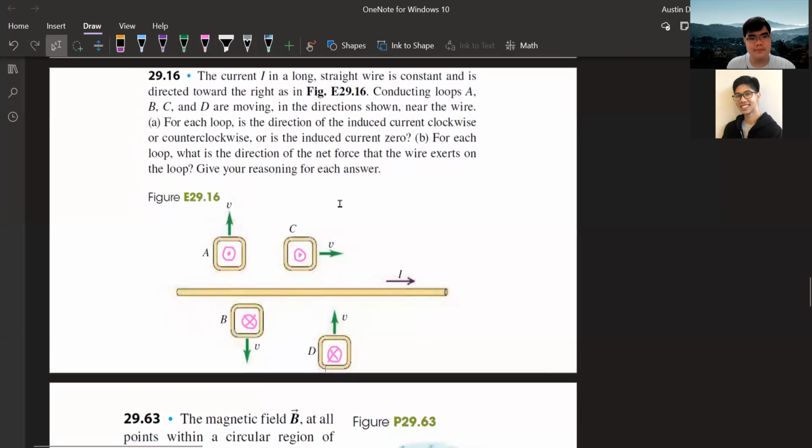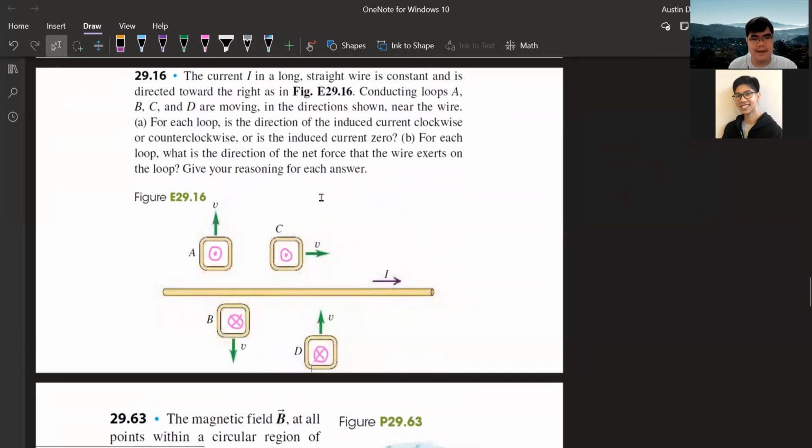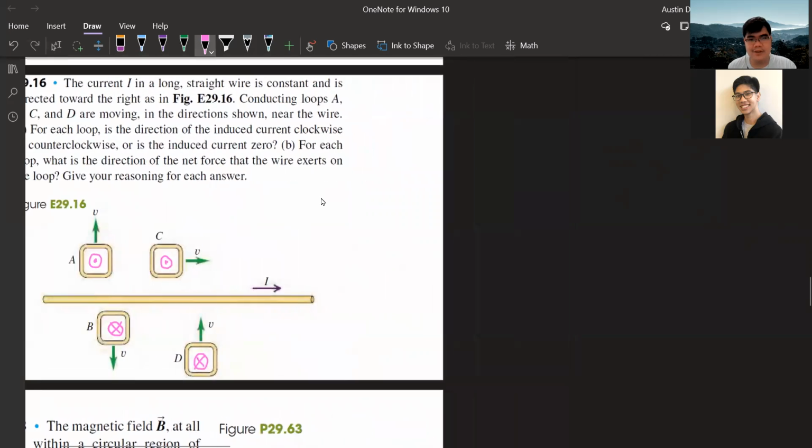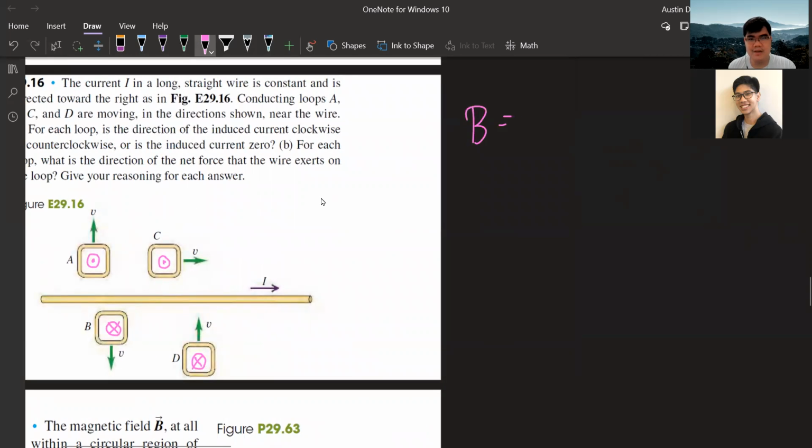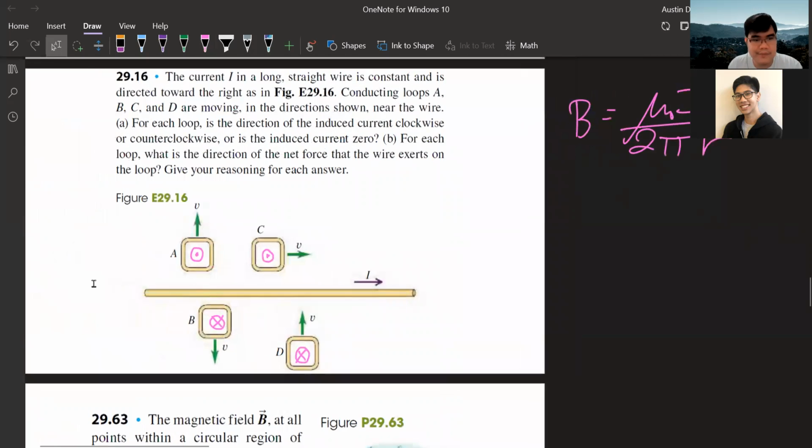So next, tingnan natin yung magnetic field due to the wire, which is B equals mu naught I over 2 pi R. Ibig sabihin lang nito as you go away from the wire, malaki yung R, lumiliit yung value ng magnetic field. Okay? So mas malakas yung magnetic field kapag mas malapit ka sa current mo.